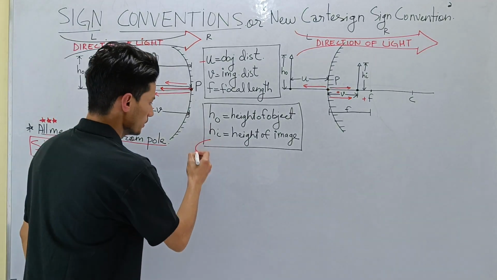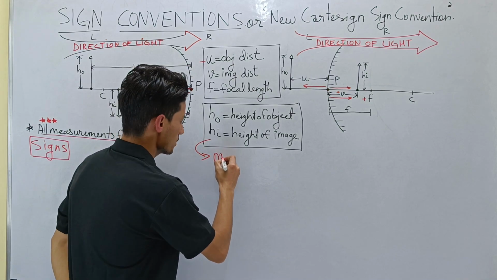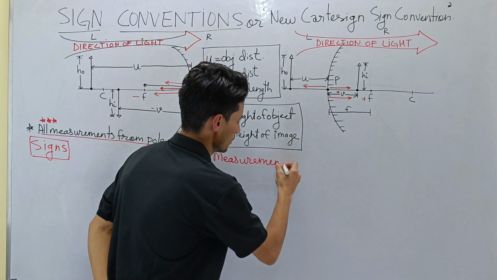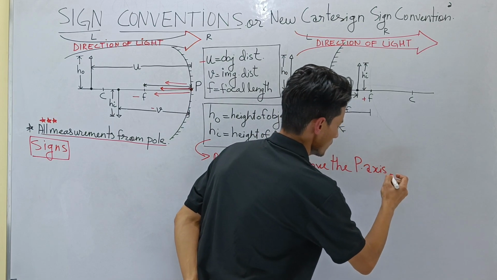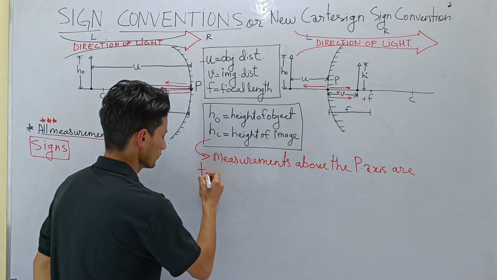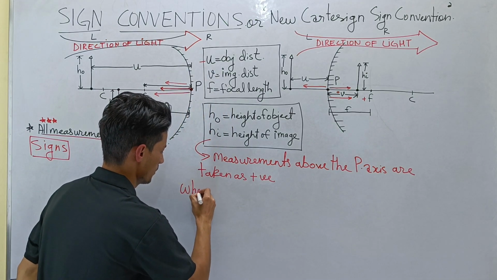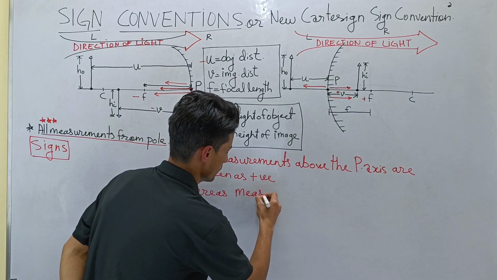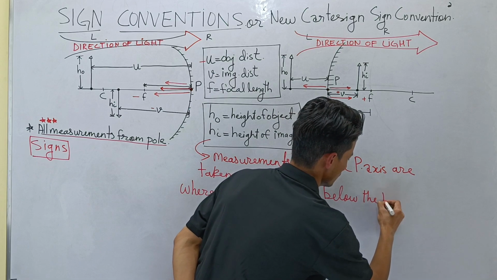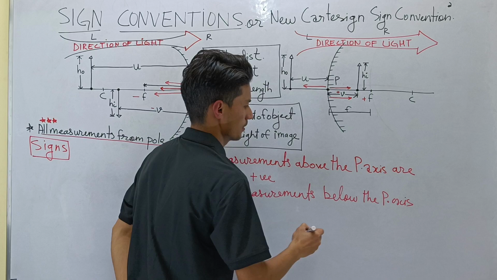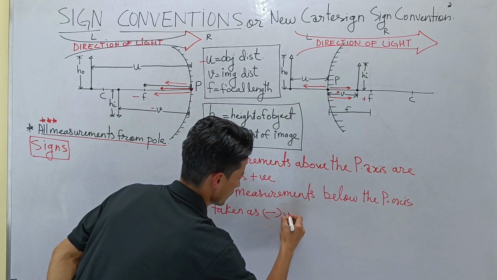For this you have to remember a very important point: measurements above the principal axis are taken as positive, whereas measurements below the principal axis are taken as negative.